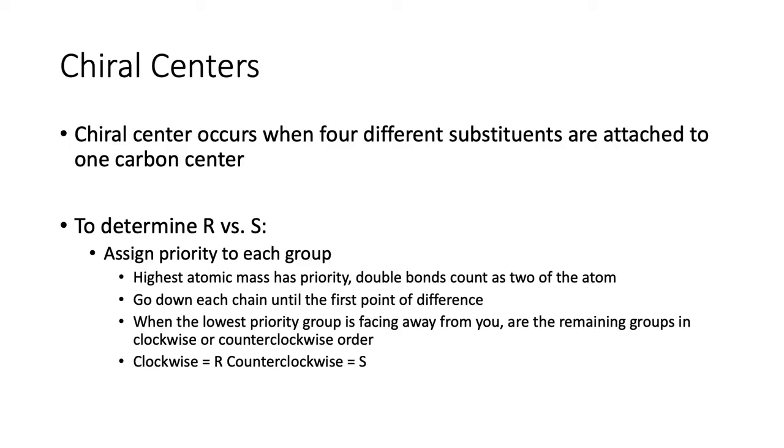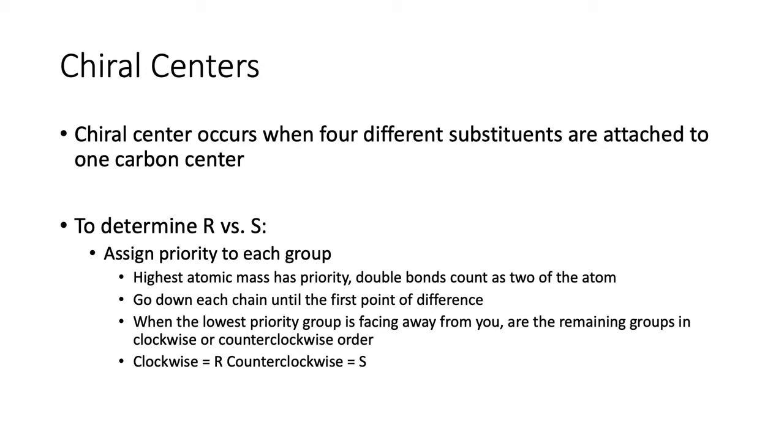So we need to take a moment and look at chiral centers. A chiral center occurs when 4 different substituents are attached to one carbon center. And you have probably talked about this in your organic chemistry class or in your other chemistry courses. As a quick refresher, they are labeled R versus S. To determine whether it's an R or an S stereocenter, you look at each group that's attached to the carbon, and then you assign priority to each group.